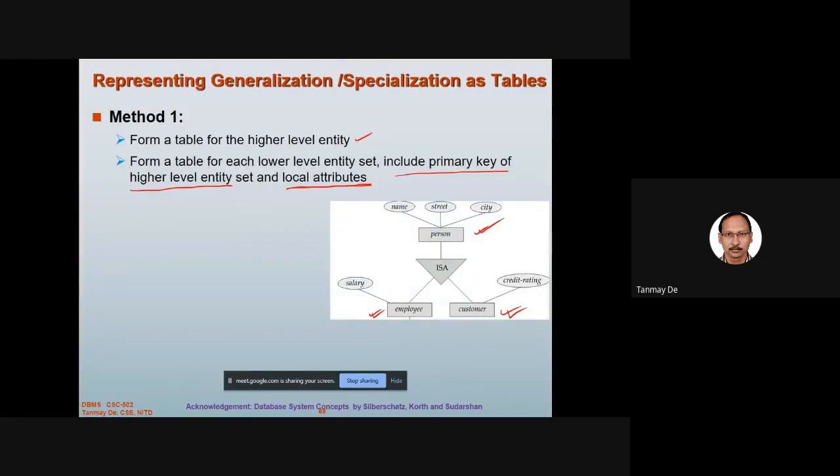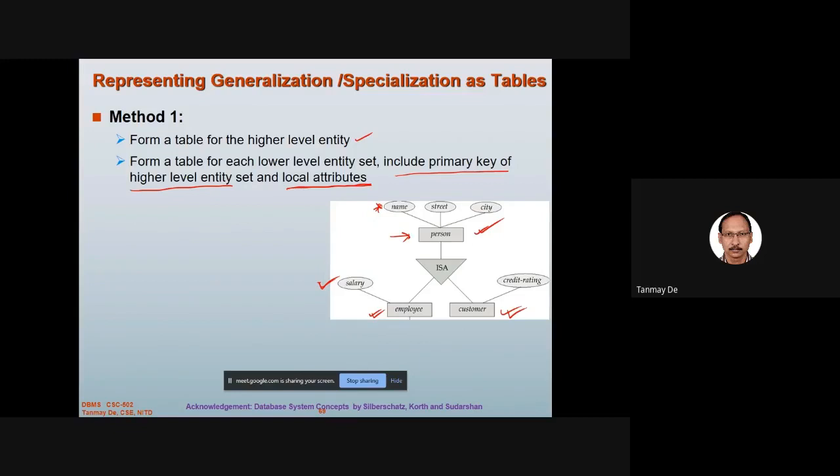The employee table consists of the primary key of the higher level entity set, person, and here we assume name is the primary key, as well as the local or descriptive attribute salary. So the employee table has one column for name, the primary key of the higher level entity set, and another column salary, which is a local attribute.